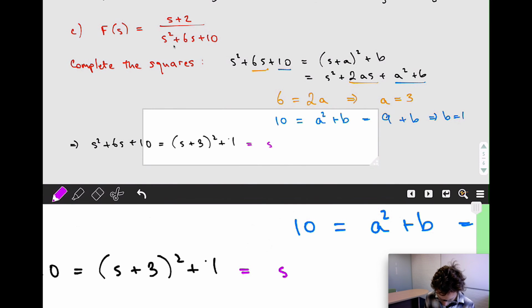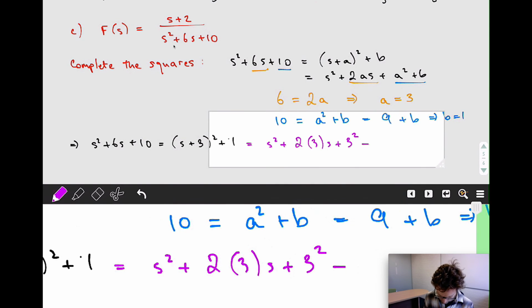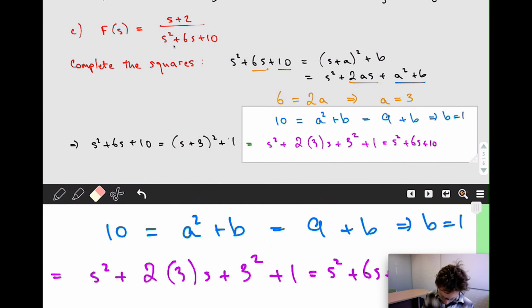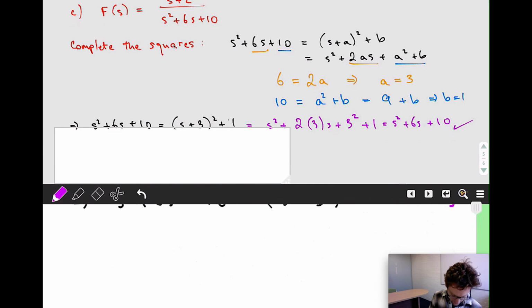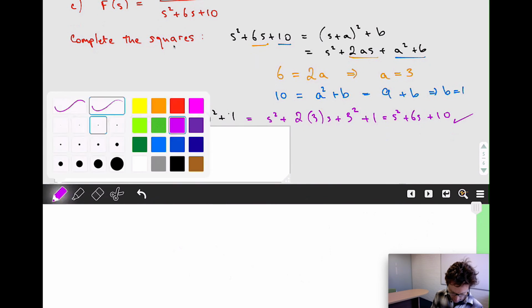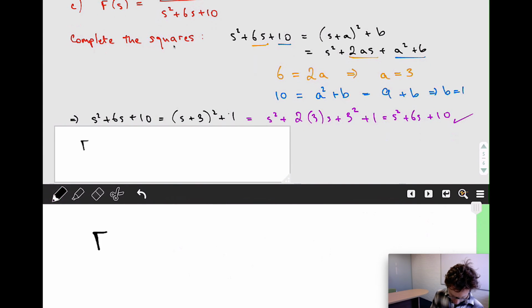So I get s squared plus 2 times 3 times s plus 3 squared plus 1, which is indeed s squared plus 6s plus 10. So that is the correct square. Okay, so we found the denominator in terms of its completed square.